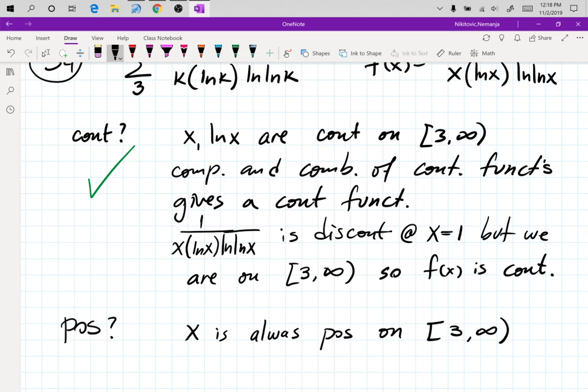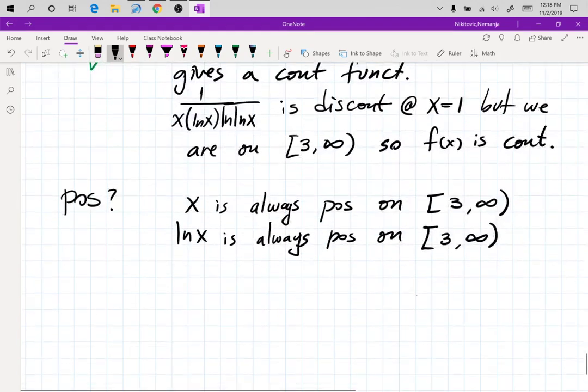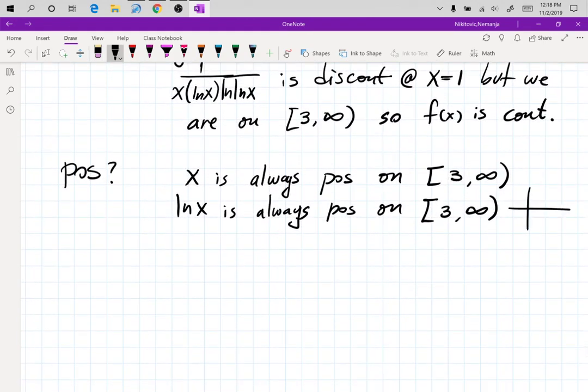Yeah, right? The only numbers you can plug are 3 and more, and those are all positive, so we're good. ln x is always, oh, there's an x missing over here, always positive on 3 to infinity. You don't believe me? Here's your ln x graph, starting at 1. At 1, it starts being positive forever.